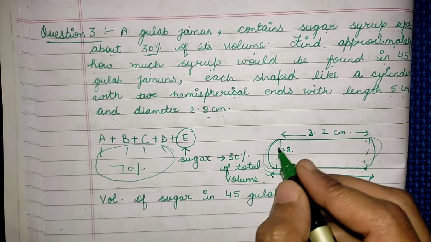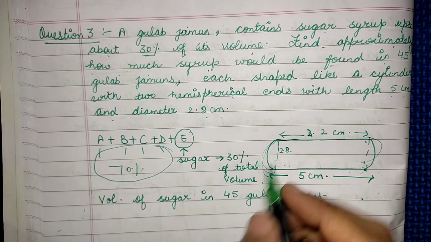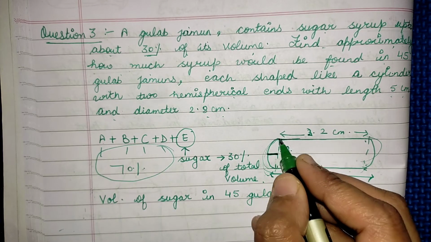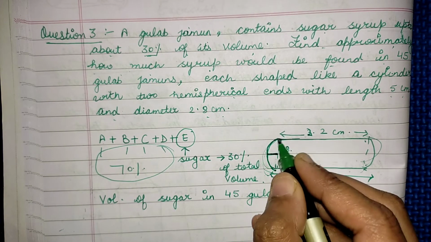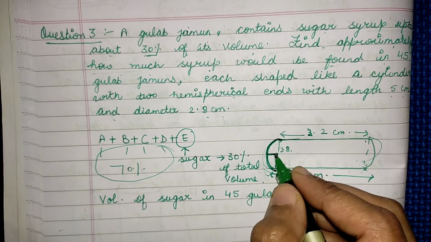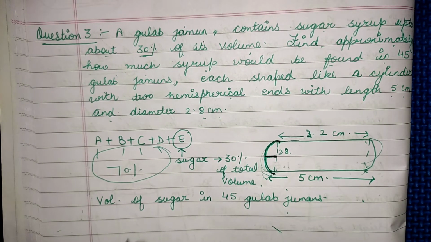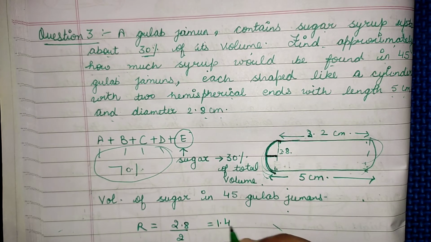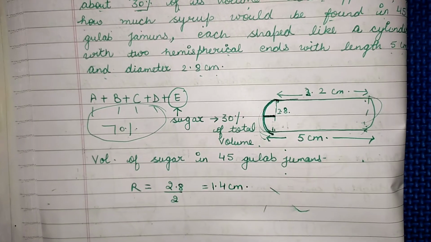As we found the height of the cylinder in the previous question, here the diameter of the hemisphere is 2.8, so you can see that this is the diameter. So radius will be what? Radius will be equal to 2.8 by 2, which is equal to 1.4 centimeter.